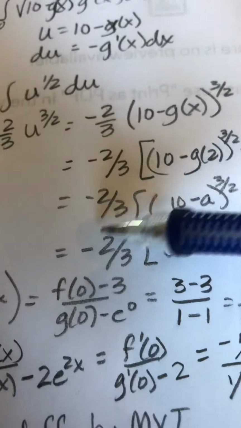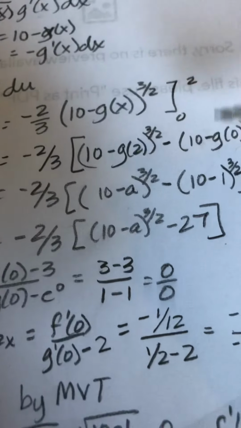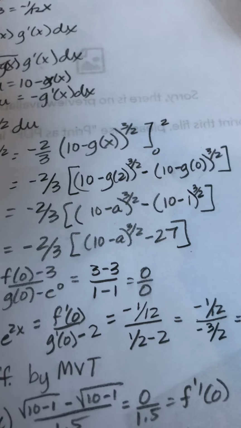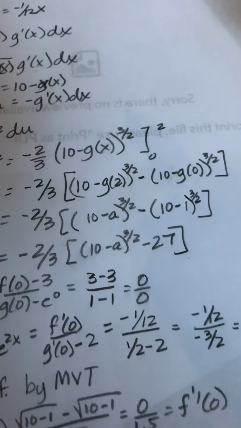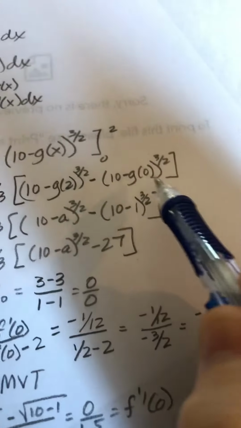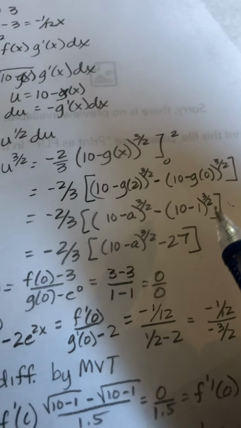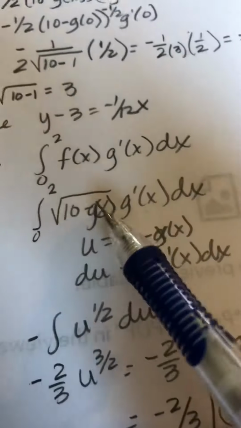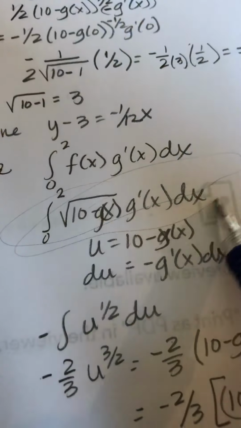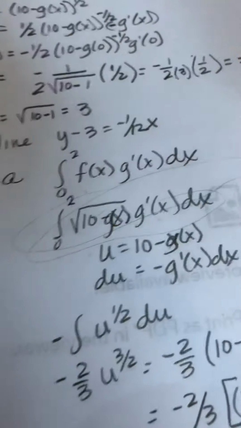If you keep going, you get negative 2/3 of 10 minus a to the 3/2 minus 27, which will give you negative 2/3 of 10 minus a to the 3/2 plus 18 if you multiply it all out. But remember, you can stop right here and get full credit on the AP exam. Okay, so that part, I think the key was right here, rewriting the f of x as square root of 10 minus g of x.